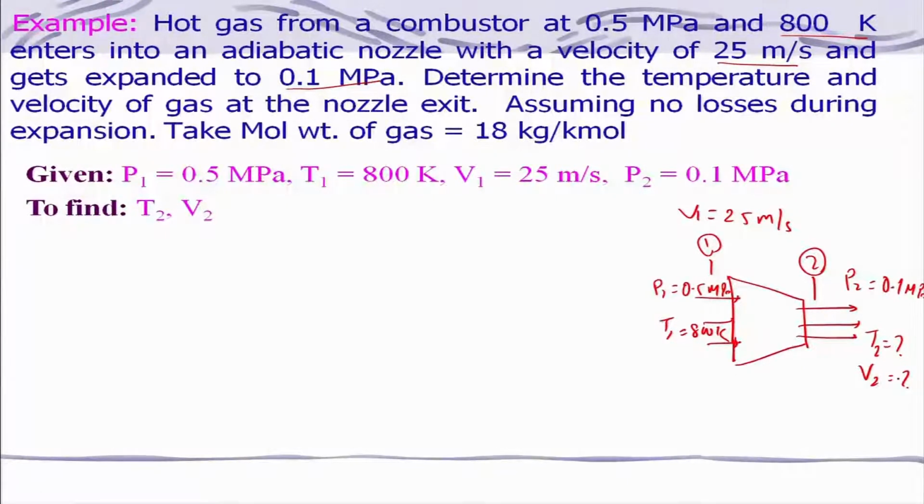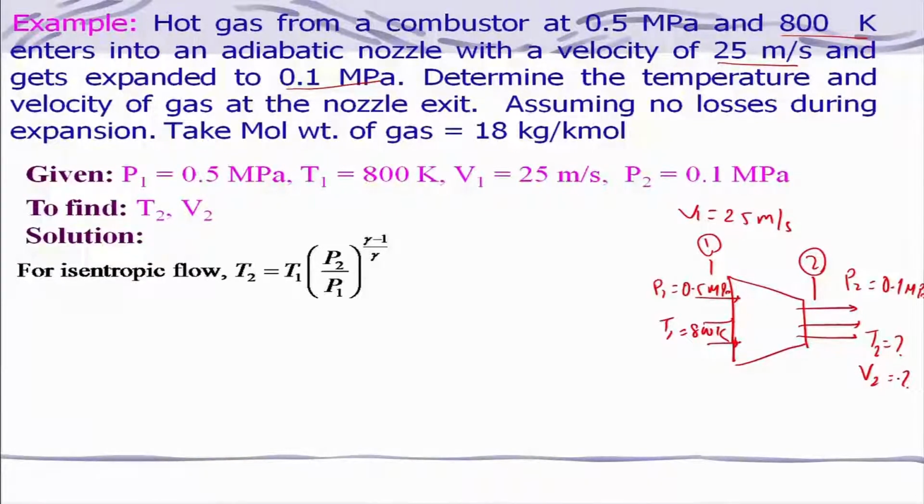So we will have to apply the relationship we derived just now, and we are assuming the flow to be isentropic, because it is already given that there are no losses, and it is also adiabatic, that means the heat transfer is 0, right. Therefore, we can assume it to be isentropic.